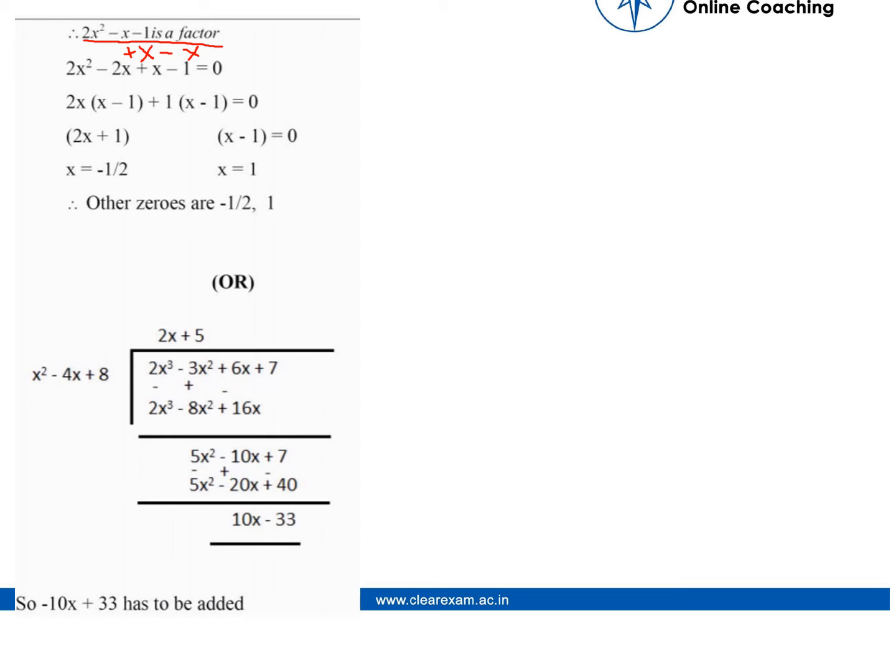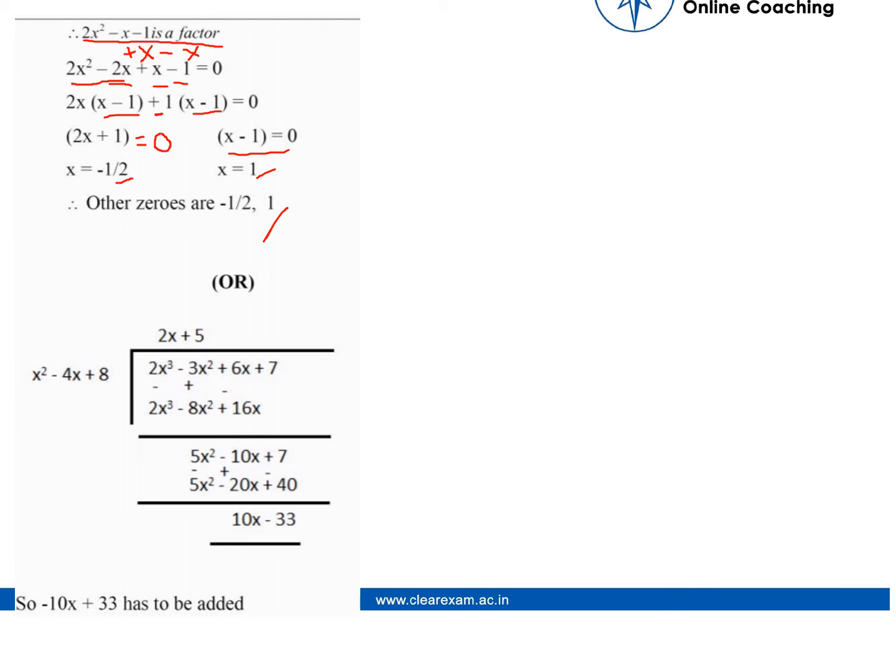So 2x² − 2x + x − 1. Taking 2x common in the first two terms, it remains x − 1, and taking 1 common in the last two terms, it becomes x − 1. So x − 1 = 0 and 2x + 1 = 0. So x = −1/2 and x = 1. These are the other two zeros we needed to find.